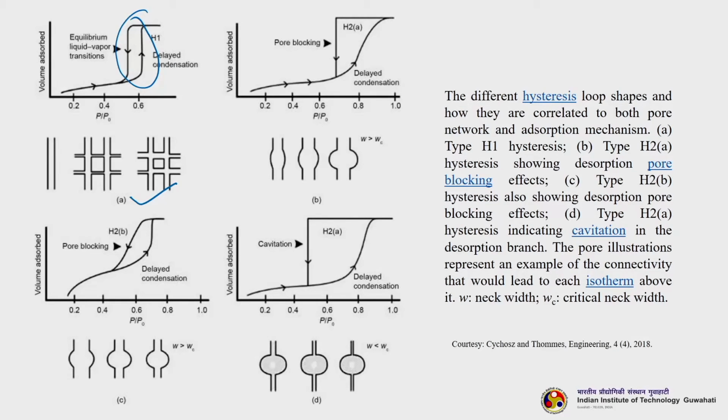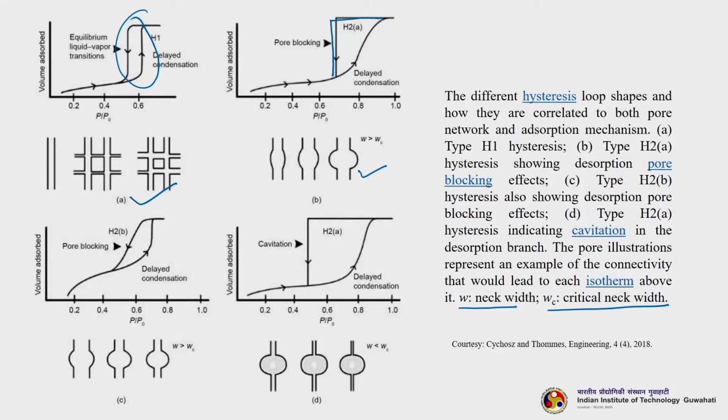Then if we have pores of different sizes like this, here the neck width W is more than the critical neck width WC. If W is greater than WC in this particular case, pore blocking will take place. When pore blocking takes place, because of the small size of the pore, you get something like this. Here the desorption curve plots like this, so you get some hysteresis here.